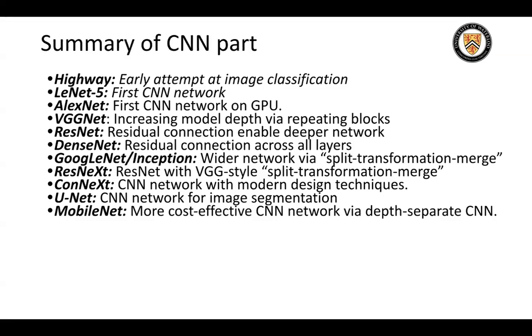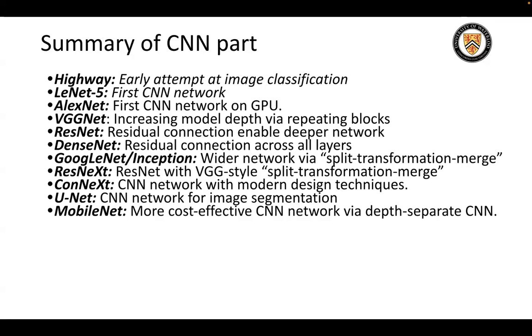Now let us summarize the CNN part of the lecture. We first introduced highway network, which is an early attempt at image classification. LeNet 5 is the first CNN network. AlexNet is the first CNN network on GPU. VGGNet introduced increasing model depth via repeating blocks. ResNet introduced residual connection that enabled deeper networks. DenseNet introduced residual connection across all layers.